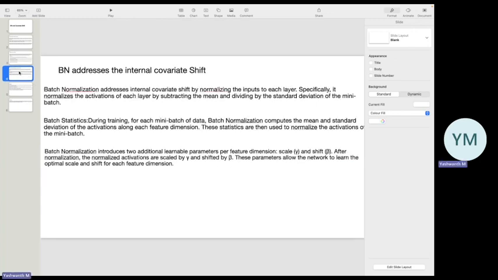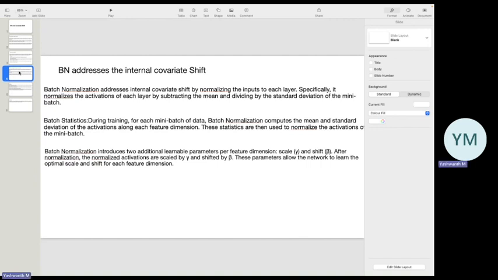So to address these problems happening due to the internal covariate shift, the batch normalization technique was introduced.